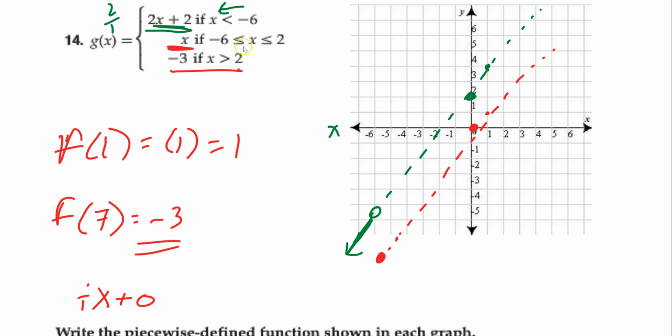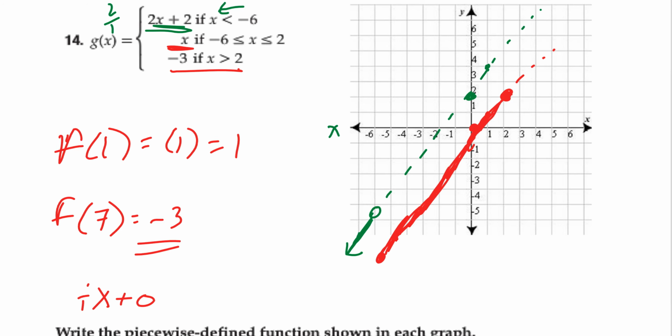Closed circle right there, equal to sign. And at 2, I want a closed circle. Now I want in between those two. So I'm just going to fill this in. Try my best. Okay, that's okay. Oof, that's bad. That's what I want, right in between those two values.